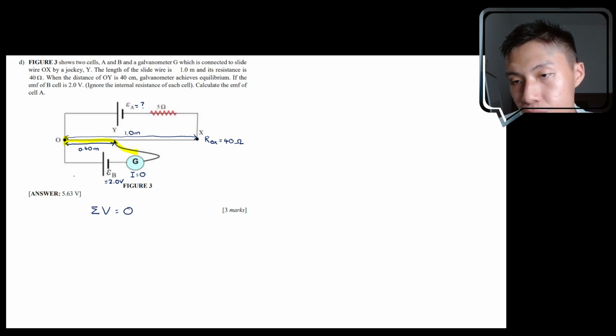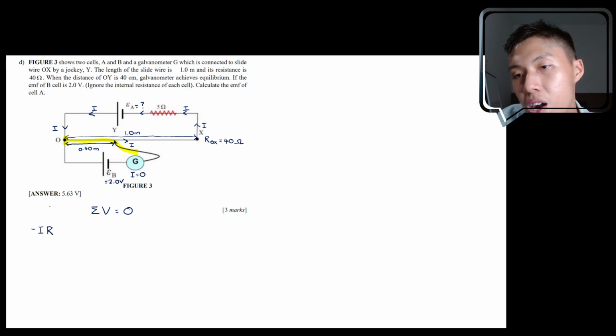So we know that the first thing that we will pass through is this slide wire OY over here. And we know that for this circuit, the current will be flowing from the positive terminal through to the negative terminal. This is the direction of flow of current. So you should expect that this journey, our highlighter, is following the direction of current, so you should expect a negative IR.